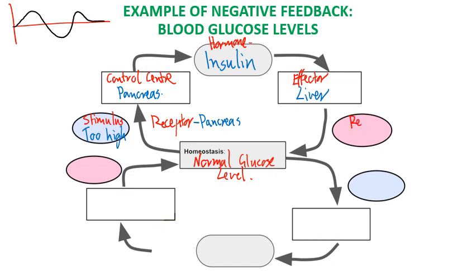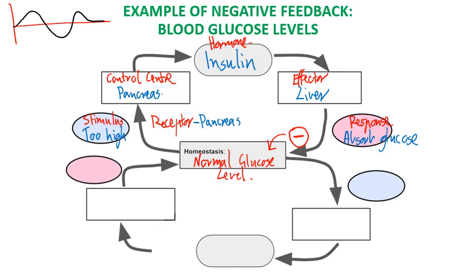And that's the final response. Absorb glucose to reduce the levels. So then the final result is we've reduced our blood glucose and we're back to normal again. Okay, so that's if it's too high.